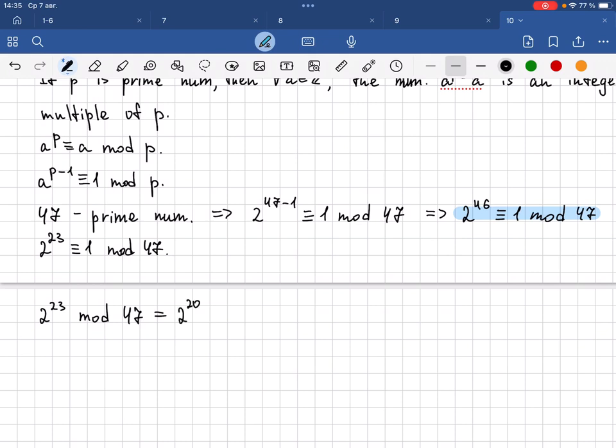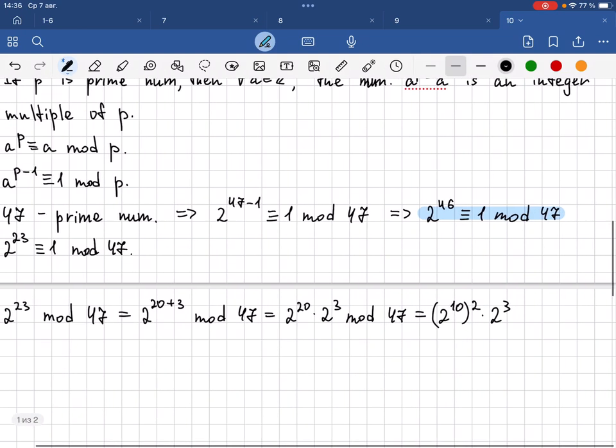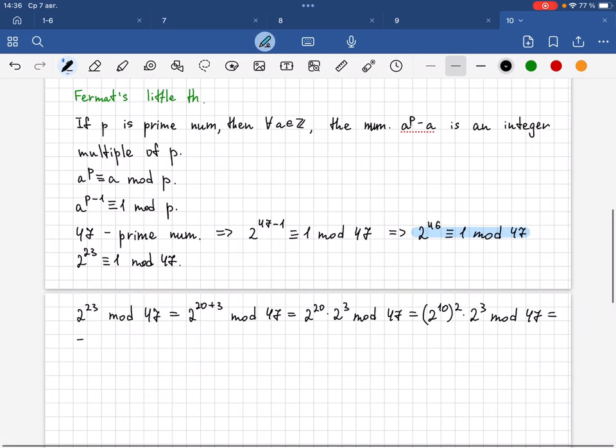2 to the power of 23 mod 47 equals 2 to the power of 20 plus 3 mod 47, which equals 2 to the power of 20 multiplied by 2 to the power of 3 mod 47, which equals 2 to the power of 10 to the power of 2 multiplied by 2 to the power of 3 mod 47, which is equal to 1024 to the power of 2 multiplied by 8 mod 47.